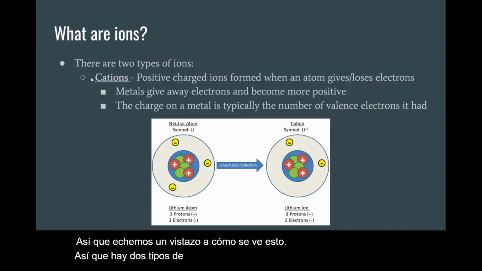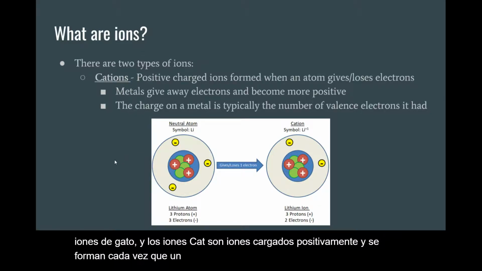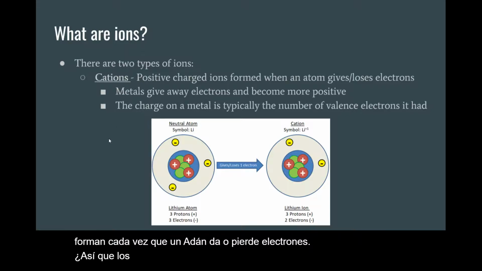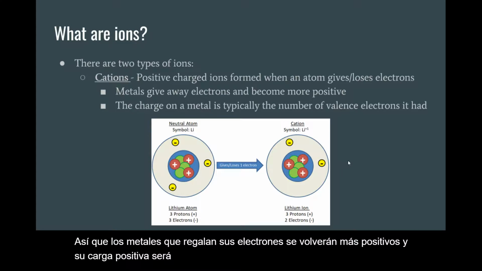The first is called a cation, and cations are positive charged ions, and they form whenever an atom gives or loses electrons. So metals, which give away their electrons, will become more positive, and their positive charge will be equal to the number of valence electrons that it had.